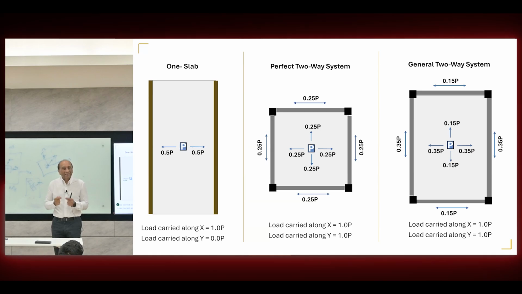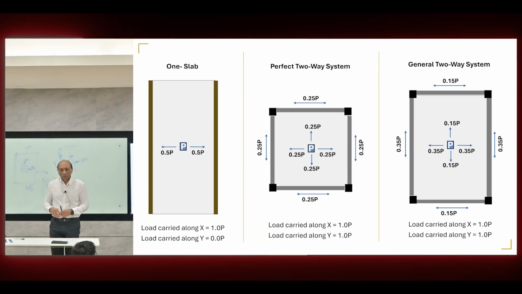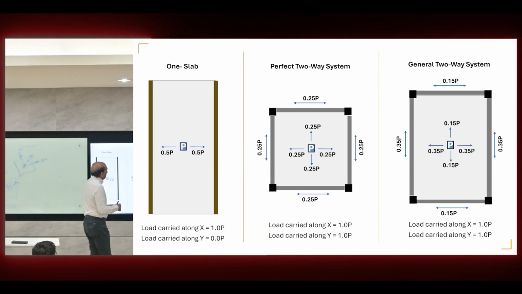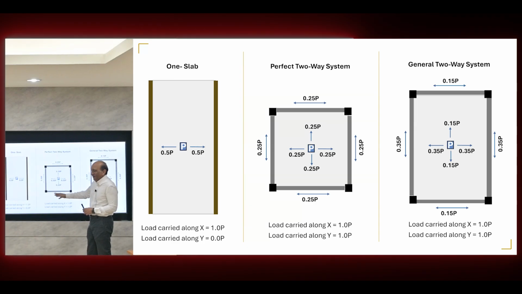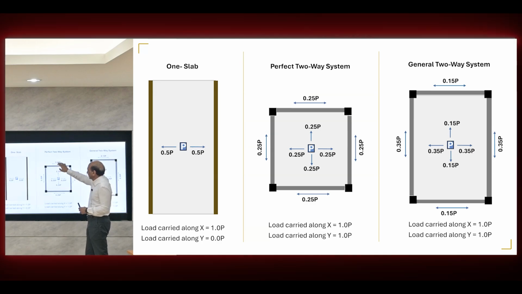That means the same P is fully carried in the X direction and fully carried in the Y direction. There is no shortcut around that. So 0.25 plus 0.25 plus 0.25 plus 0.25 in the Y direction is 1, and 0.25 four times in the X direction is also 1.